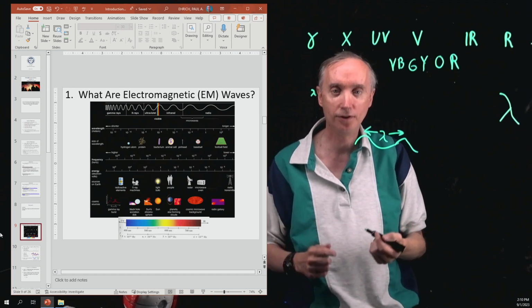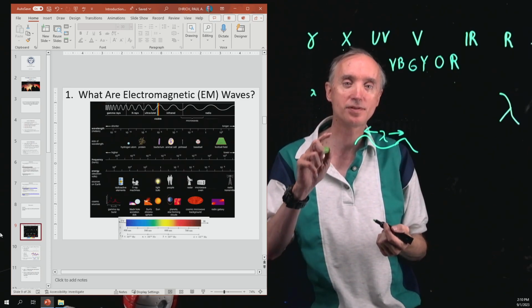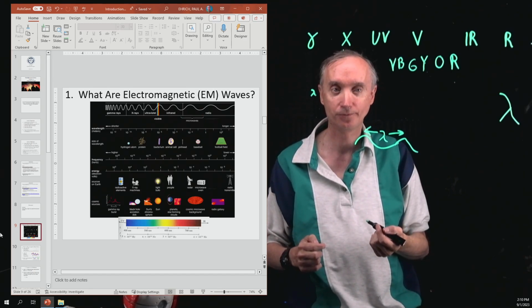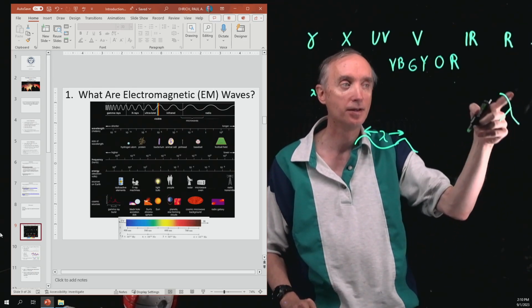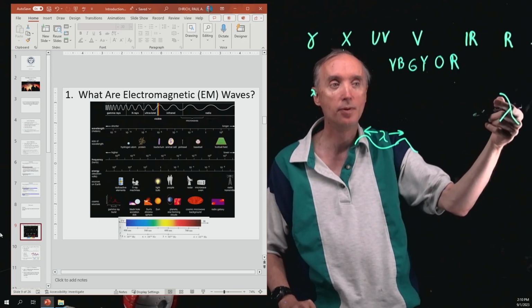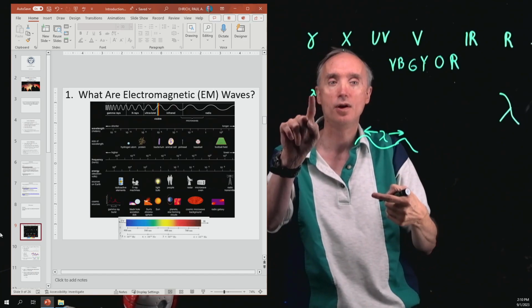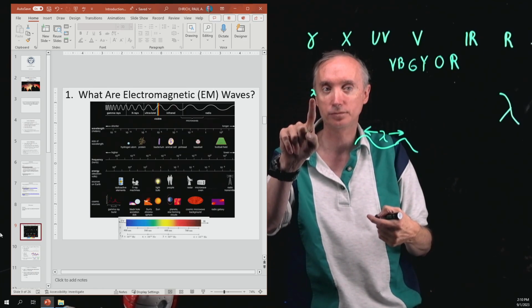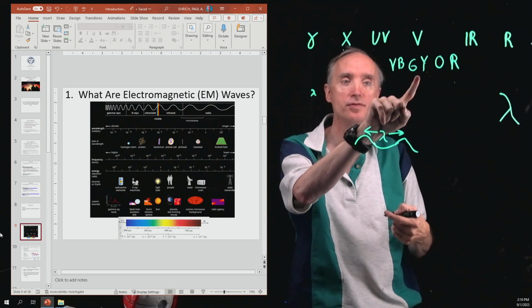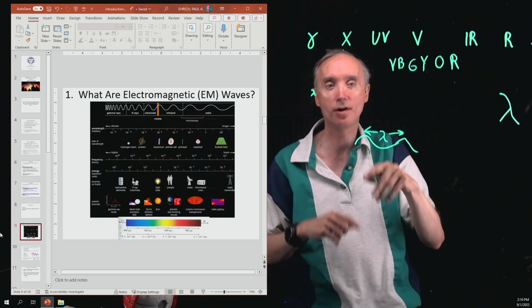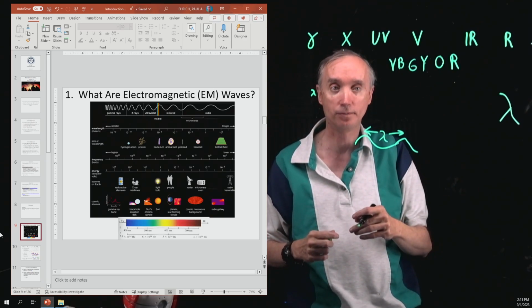If you have really good eyesight, you'll be able to see the wavelength written in terms of meters. It starts out as large as a kilometer over here, but by the time you get down to here, we're talking about the size of the nucleus of an atom. Visible light is roughly the size of the atom itself.